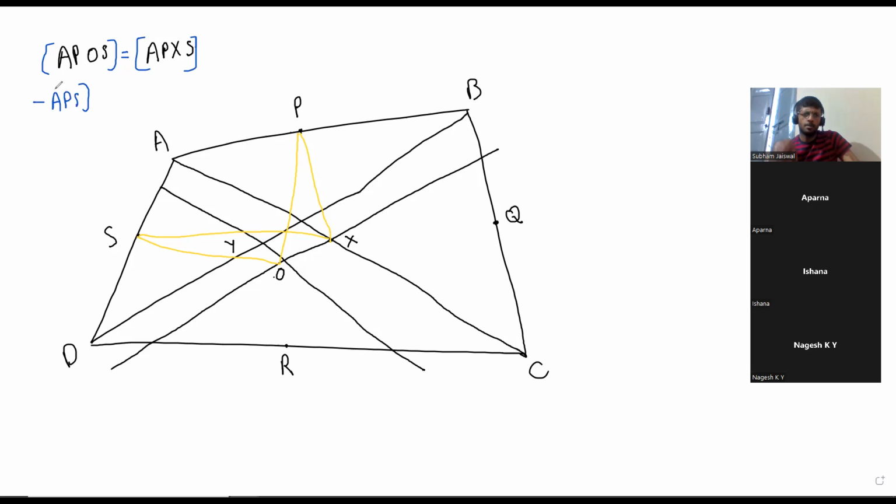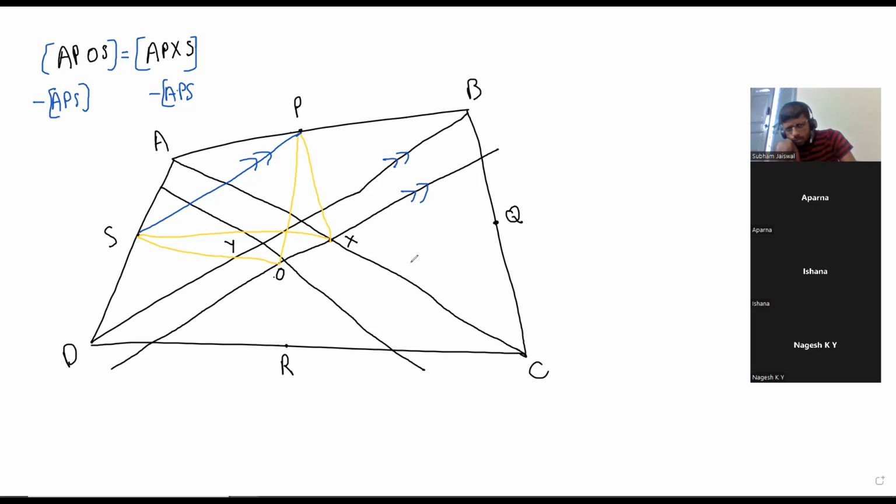Then we know that SP is parallel to BD, and so SP will also be parallel to XO. Why is that? Because BD and XO are parallel, by the definition, the way of drawing the line X parallel to BD. Okay. Go on.